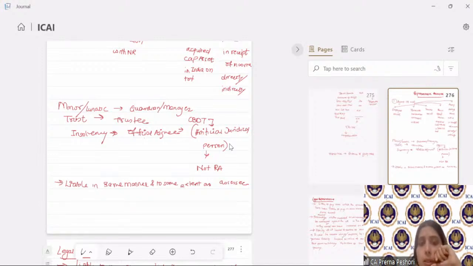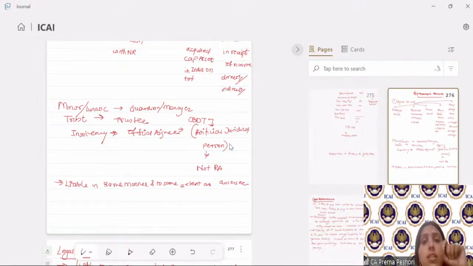And what is the right of the representative assessee? Every representative assessee who is paying the tax, I am not talking about the legal representative, where the deceased has died, but about the representative assessee.